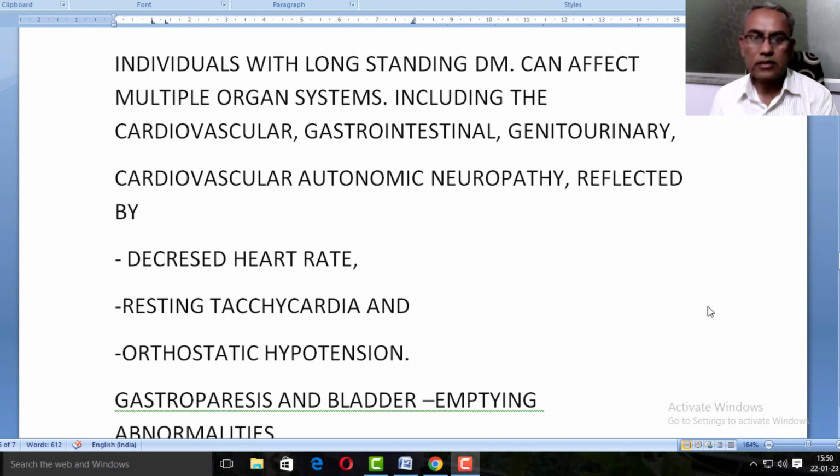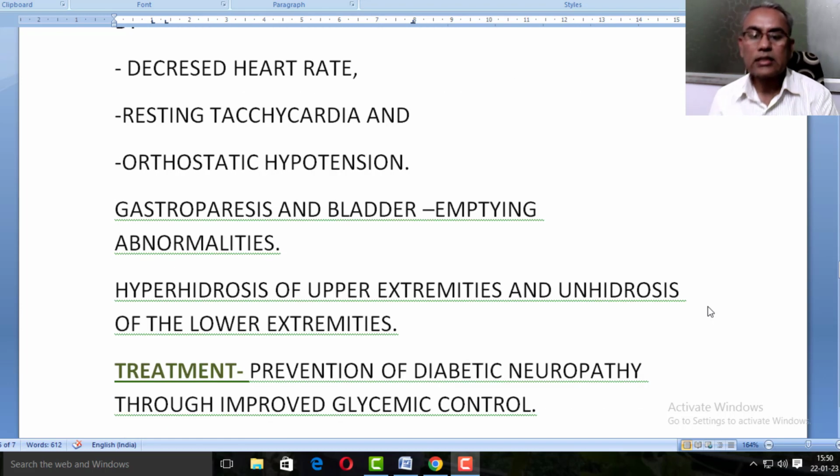These are the three symptoms of the cardiovascular system. And gastroparesis and bladder emptying abnormalities, hyperhidrosis of upper extremities, that is profuse sweating in the upper extremities, and absence of lower extremity sweating, that is called anhidrosis of lower extremities.